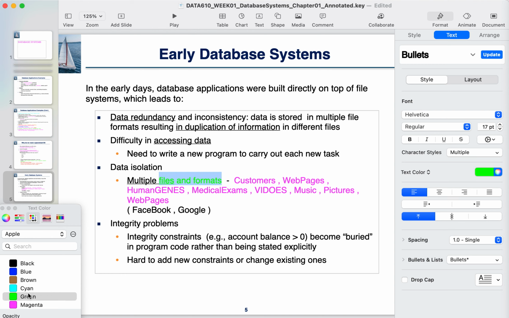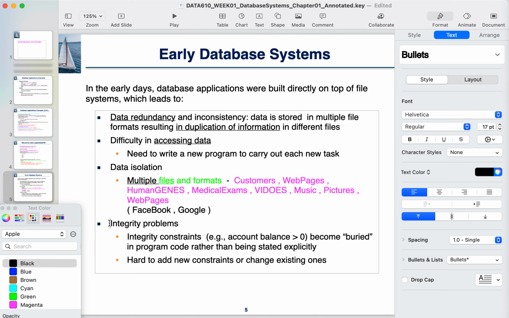So depending on what we are storing, we would choose the database management system.